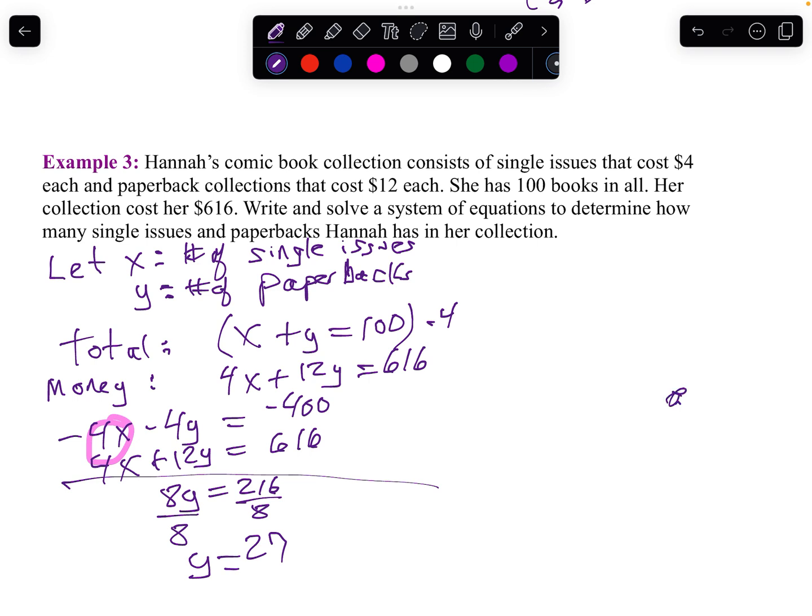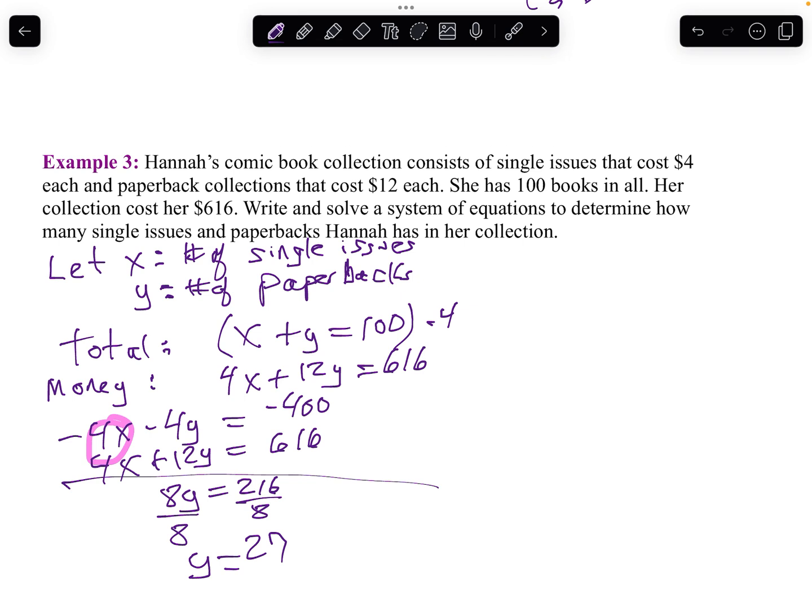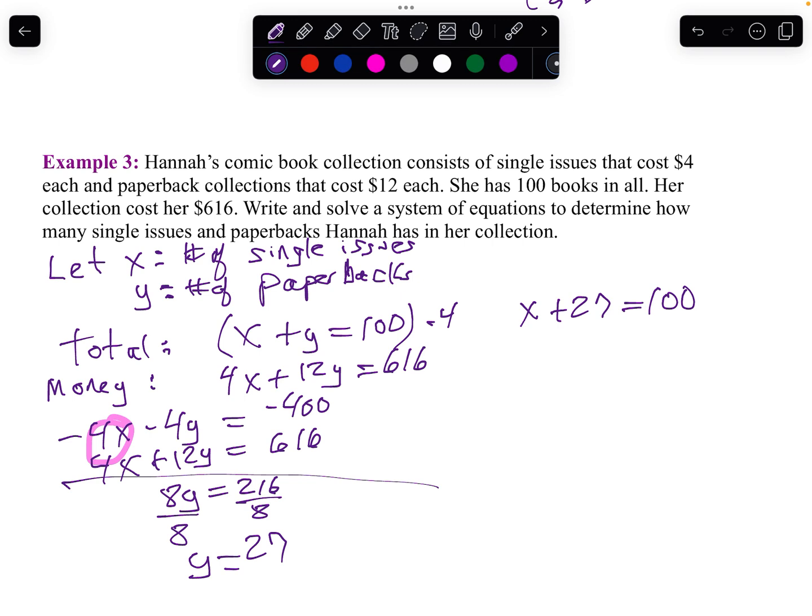Okay, now we can use that to find the number of single issues. I'll use my first equation, so I'll say x plus 27 equals 100. So I'll subtract 27 from both sides. And x then is 100 minus 27, which is 73.